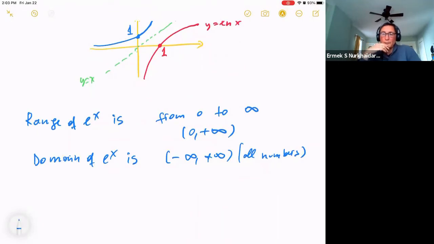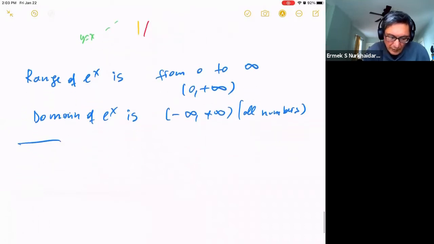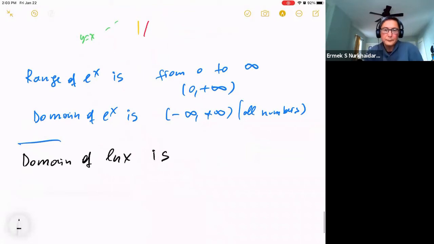For natural log, we're going to switch the range and domain of e to the x. Right? So we're going to flip them. Whatever was range, now it's domain. Whatever was domain, now it's range. So the domain of natural log is the range of e to the x.